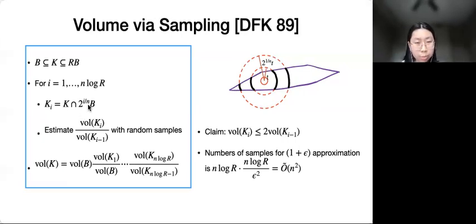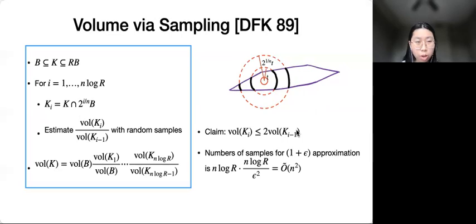So we increase the radius of the ball in each iteration by a factor of 2 to the power of 1 over n. And we choose this factor because we want the claim that in each iteration, the volume of the intersection Ki increases by at most 2. This means we don't need too many samples to estimate the ratios.